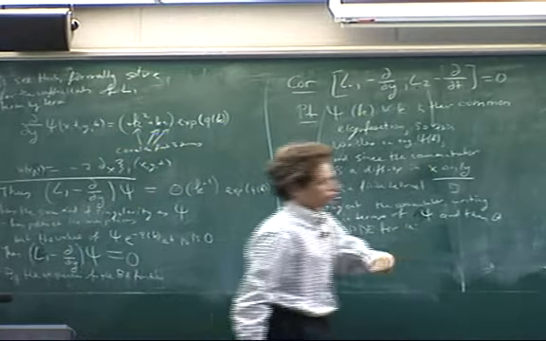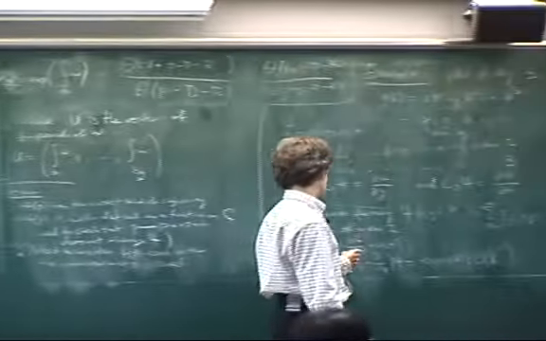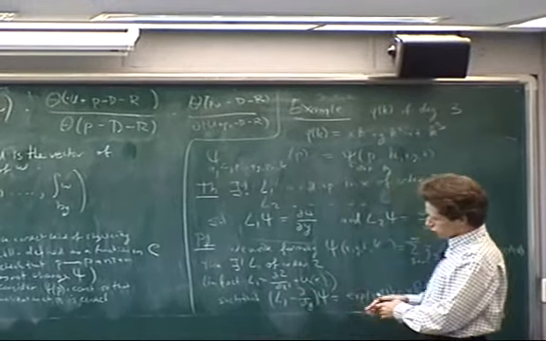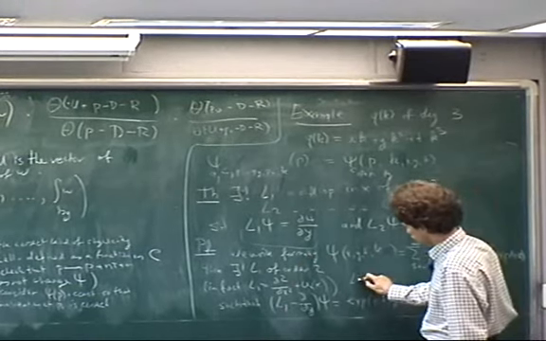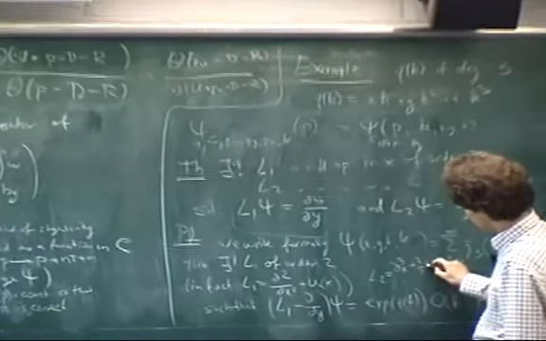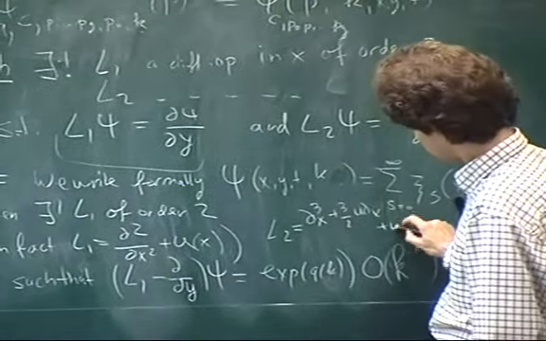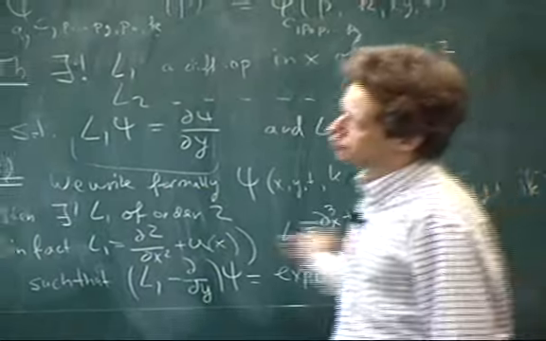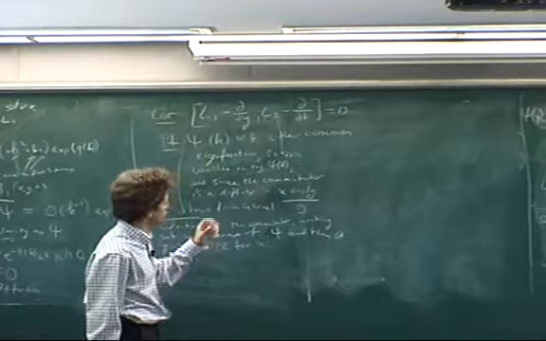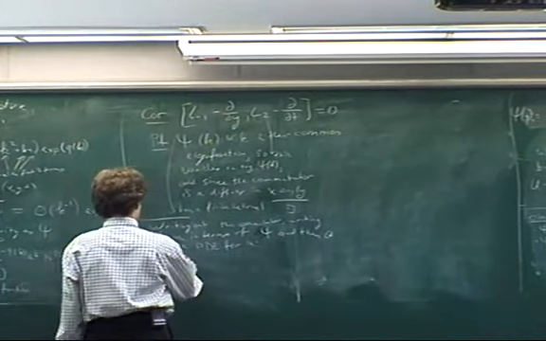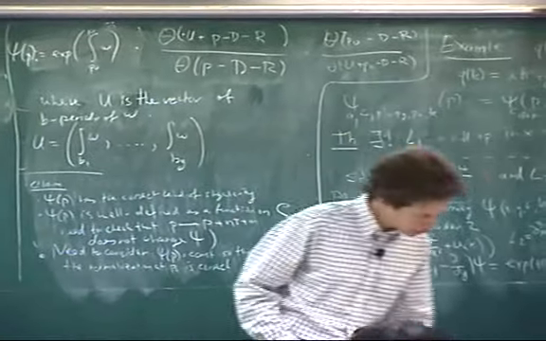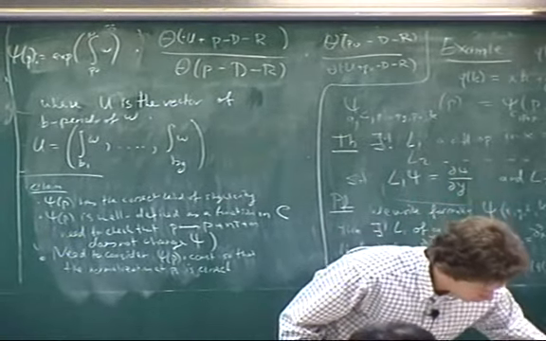So u, remember, was this coefficient of L1. So L1 was d squared/dx squared plus u of x. L2 had the highest order term, so L2 actually had the form d cubed/dx cubed plus 3/2 u d/dx plus some w. And from this equation you can express w in terms of u, but something will be left. So the equation you'll get for u will be u_y. And this is the KP equation. That's why I wanted to write it down.